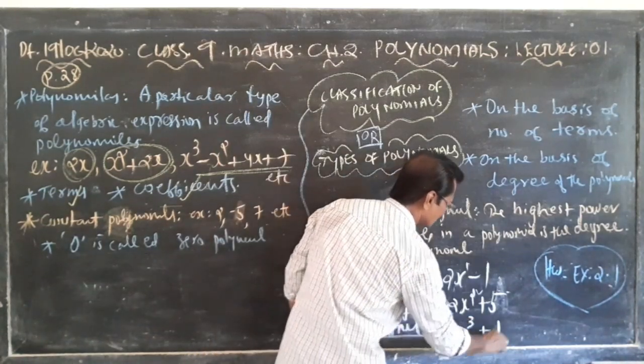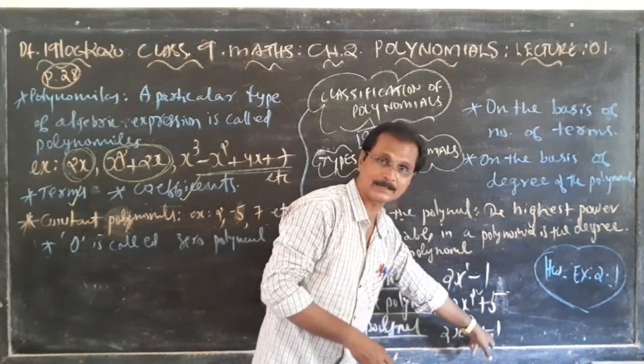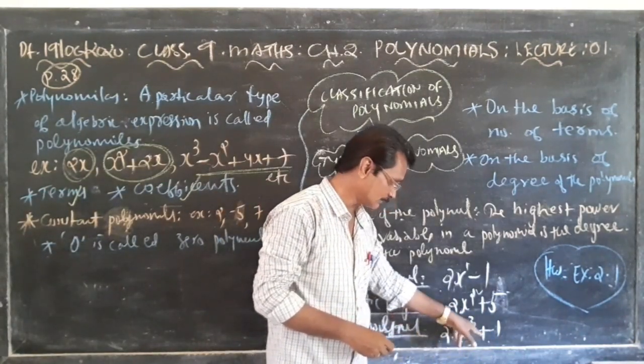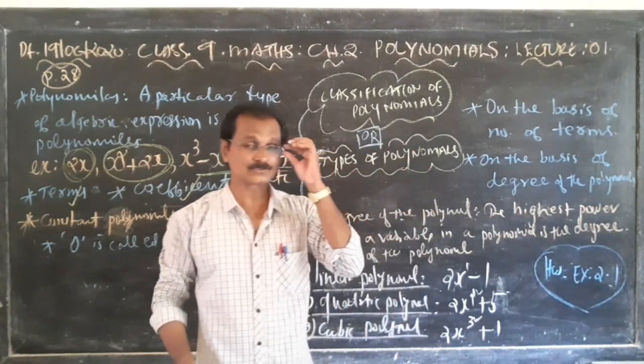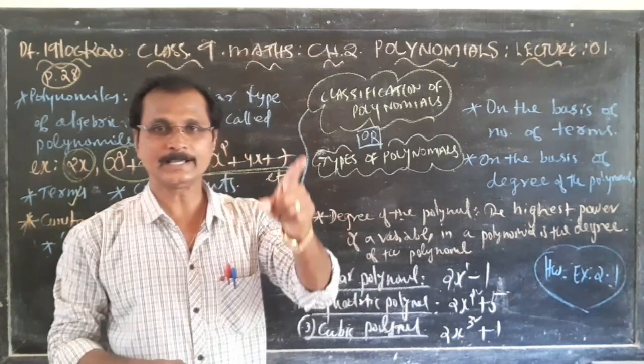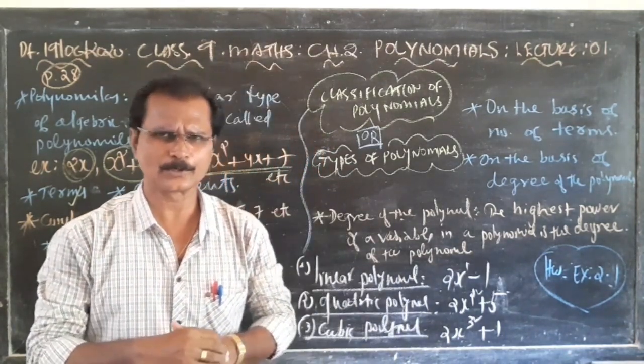Only 2 terms are there, but look at the degree: 2x cube, the power is 3. So it's a cubic polynomial. Okay?